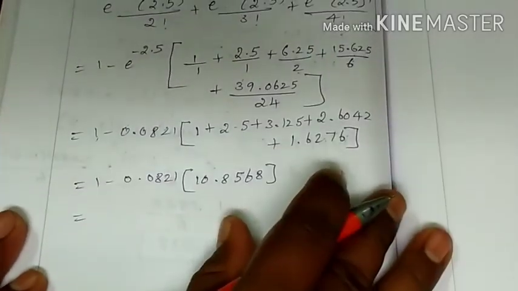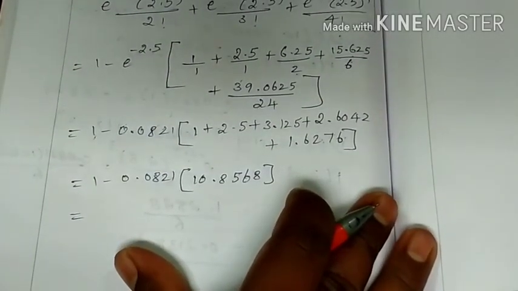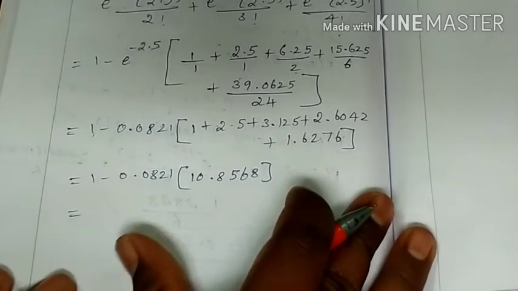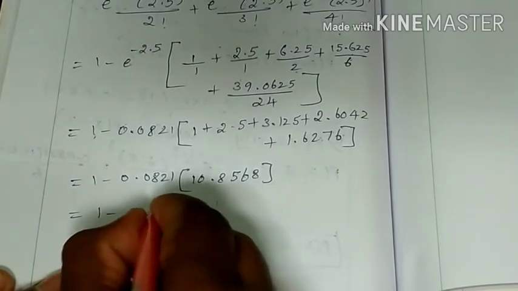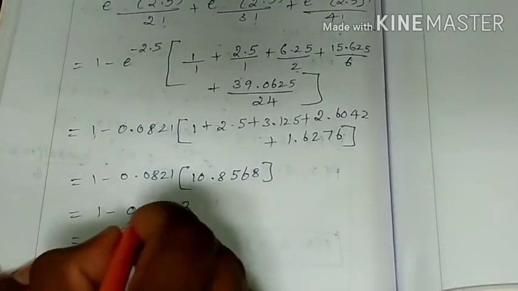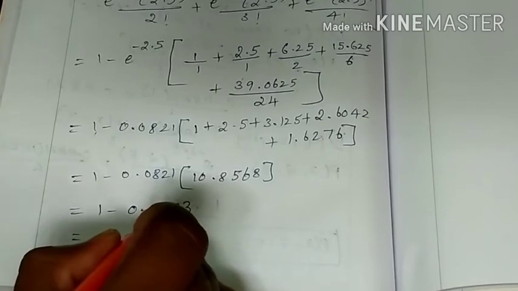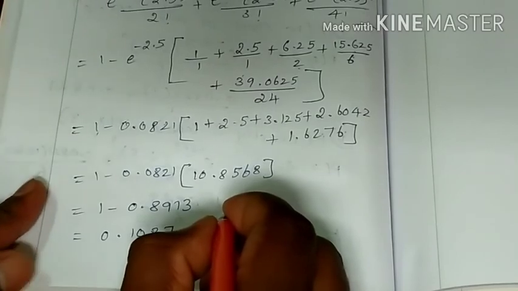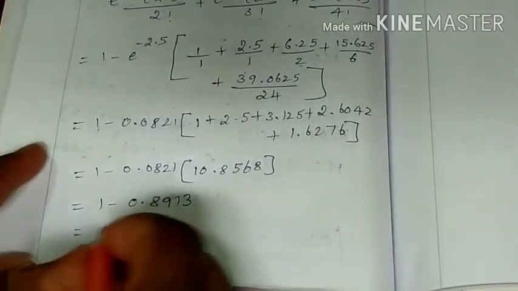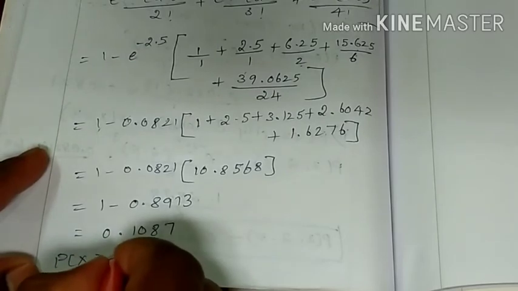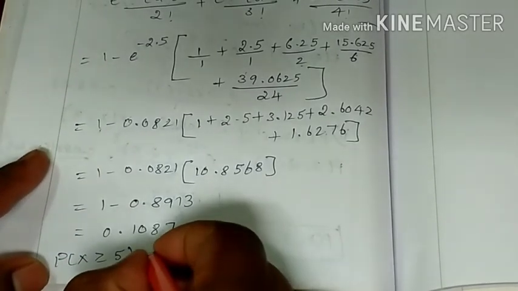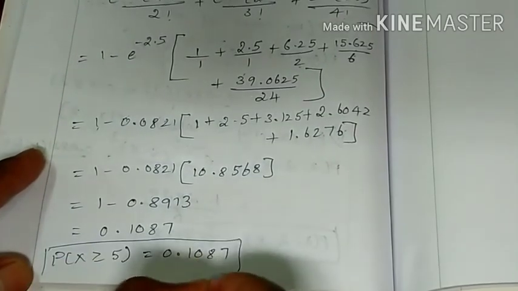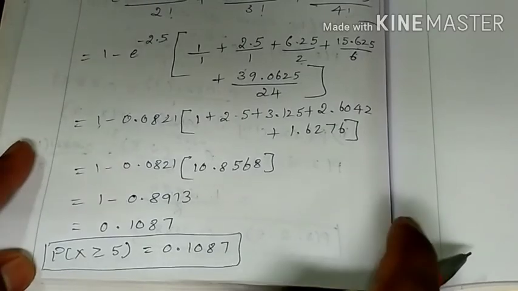Then the product of this value into 0.0821 is 0.8913. Subtracting from 1, we get 0.1087. That's all, your answer. This is the probability of x greater than or equal to 5, more than 5, at least 5, equal to 0.1087. So have you understood the answer?